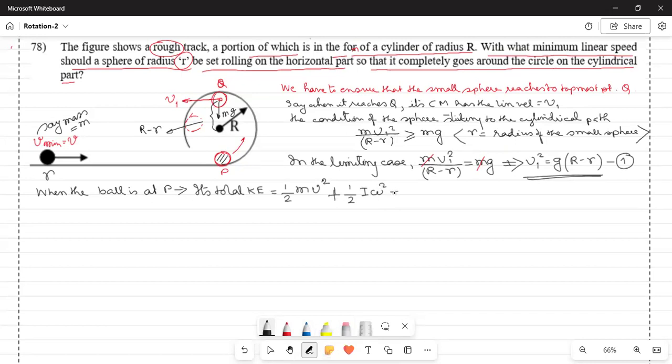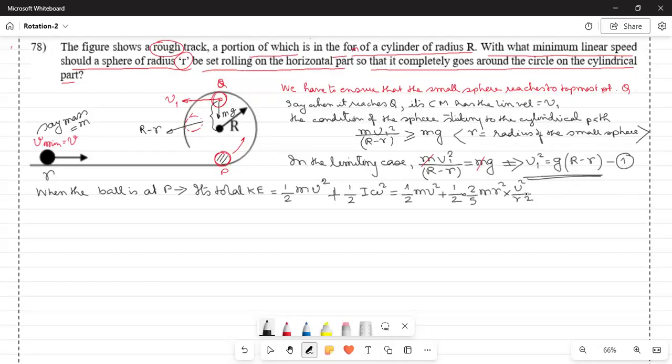This is equal to half mv square plus half I. I is a sphere, so its moment of inertia is 2 by 5 mr square, multiplied by omega square, which can be replaced by v square by r square.